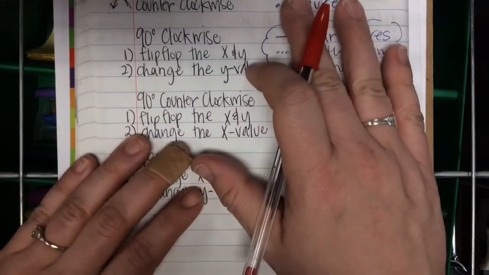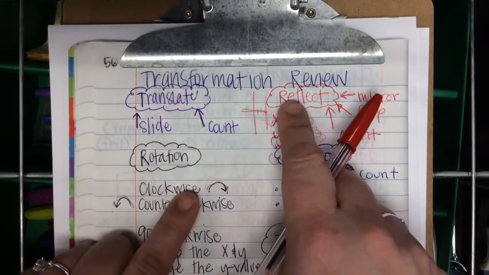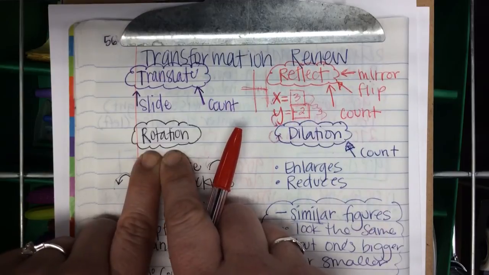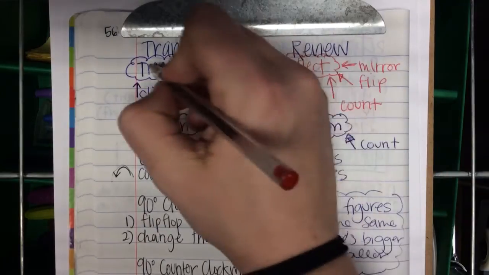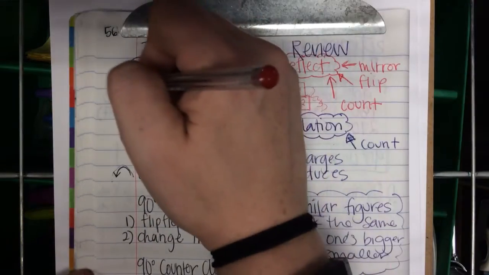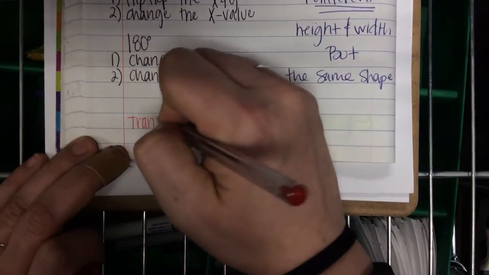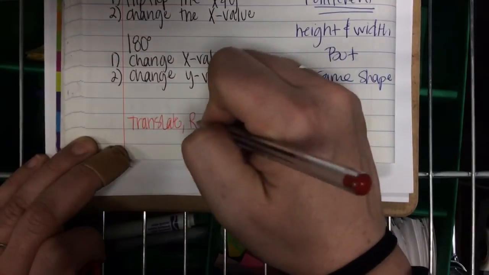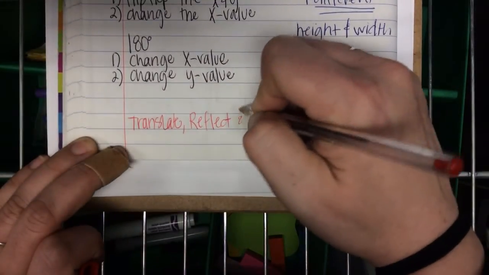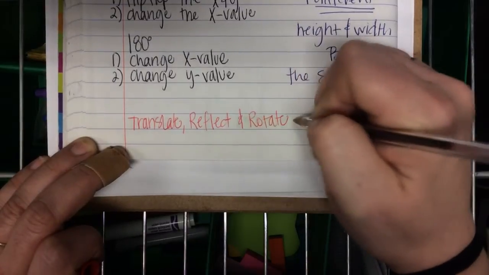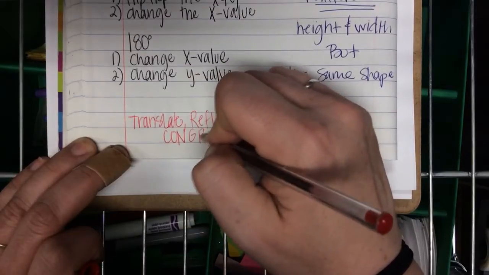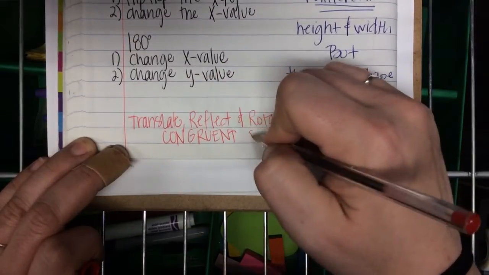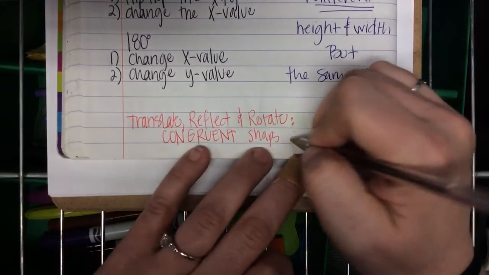It's bigger or smaller. When you translate something or reflect something or rotate something, does the shape change? No, just the location. So translate, reflect, and rotate make what are called congruent shapes. They are the same.